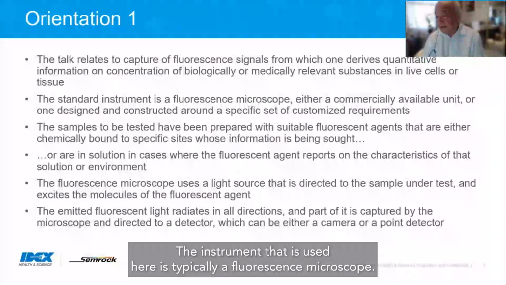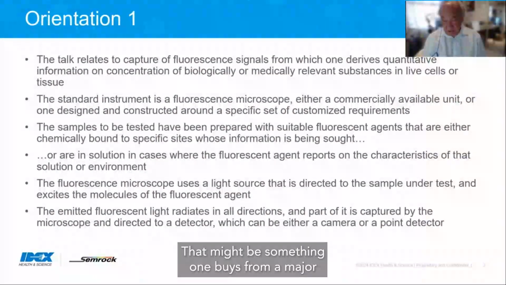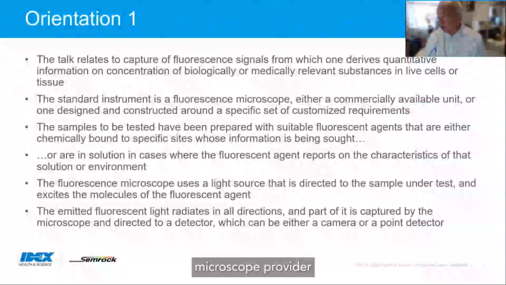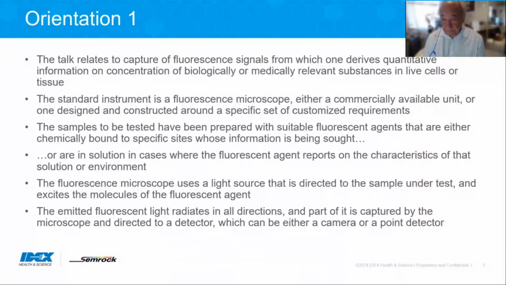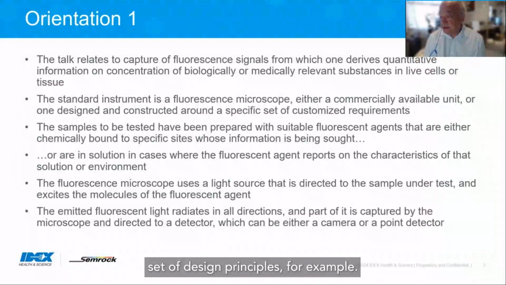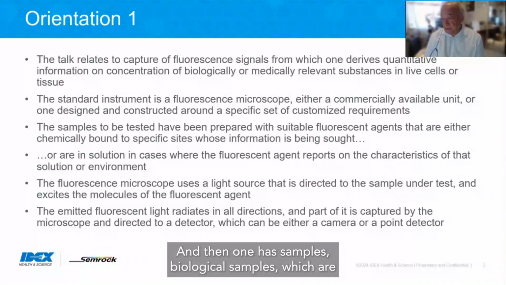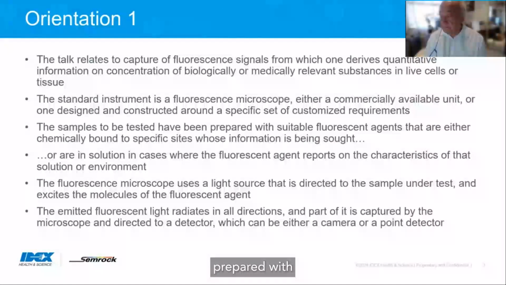The instrument that is used here is typically a fluorescence microscope that might either be something one buys from a major microscope provider, or one designs and constructs something around a specific set of design principles, for example. And then one has samples, biological samples, which are prepared with suitable fluorescent agents.